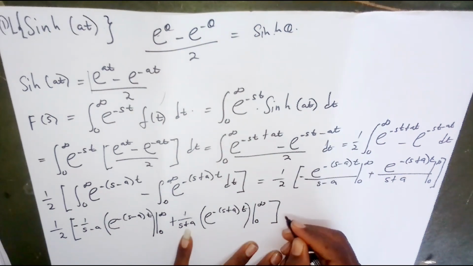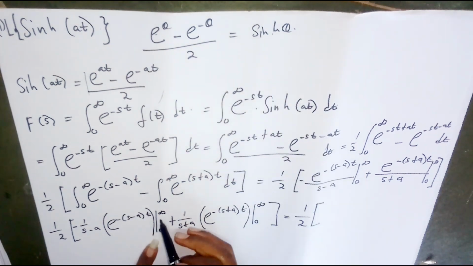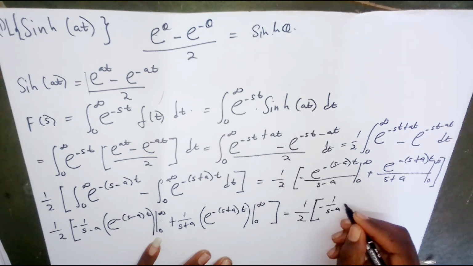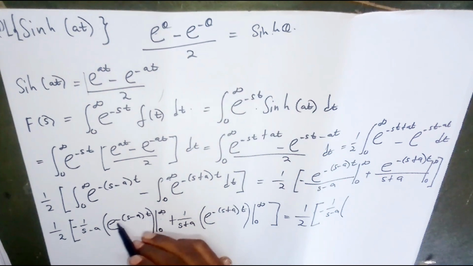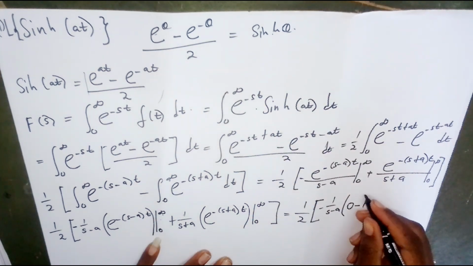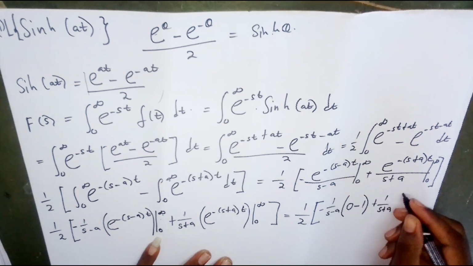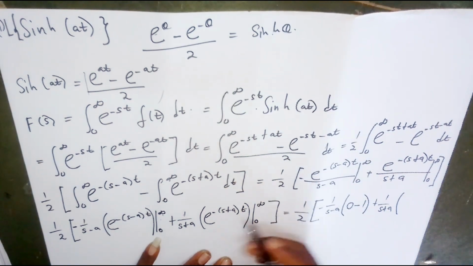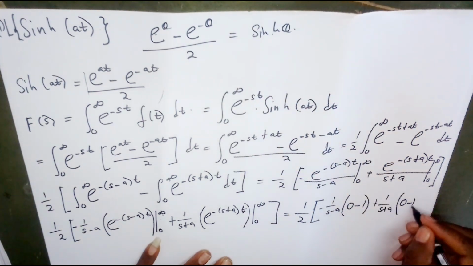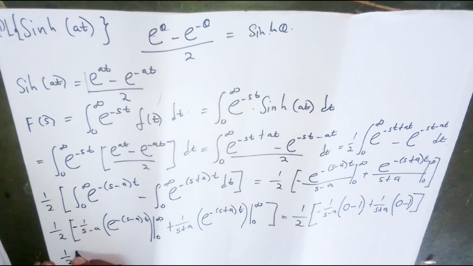Then we close our bracket and say half. On the first one, let us first write 1 over s minus a. If we substitute infinity here, we get 0, minus, if we substitute 0 here, we get 1, then plus 1 over s plus a. If we substitute infinity here, we get 0, minus, if we substitute 0 here, we get 1, and then we are left with half.